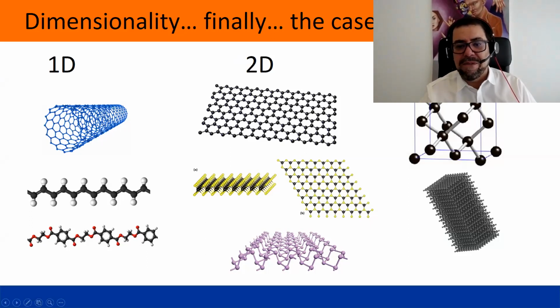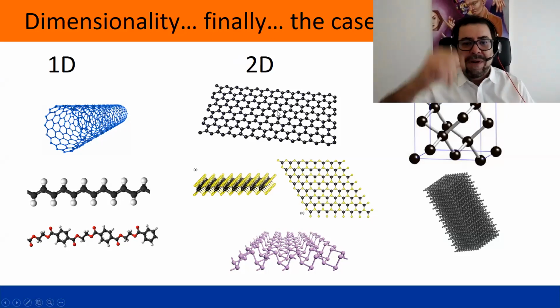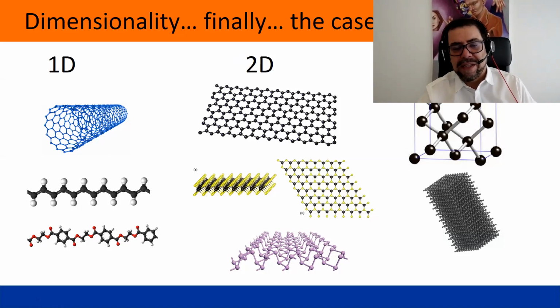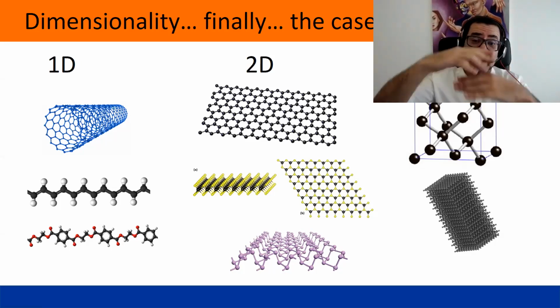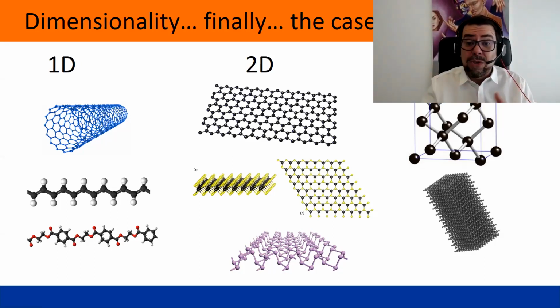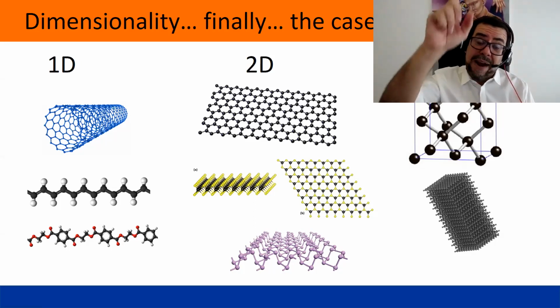This is, for instance, the structure of diamond or graphite, which is essentially piling up these graphene layers together. But by piling up these graphene layers together, you create connections between layers, and therefore the electrons also move along the third direction.